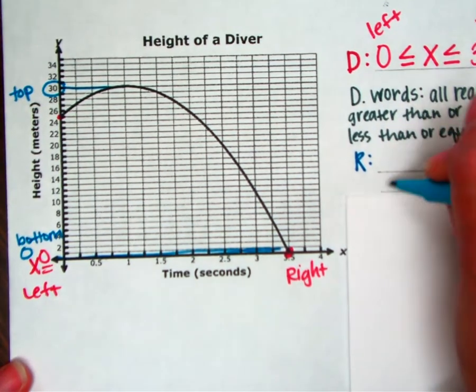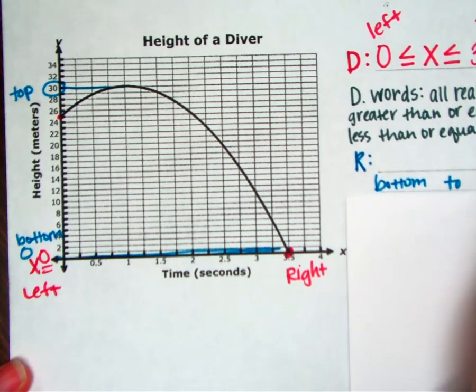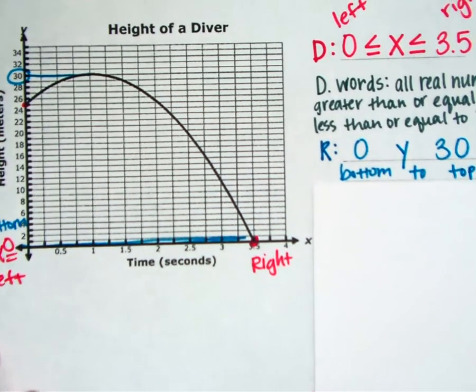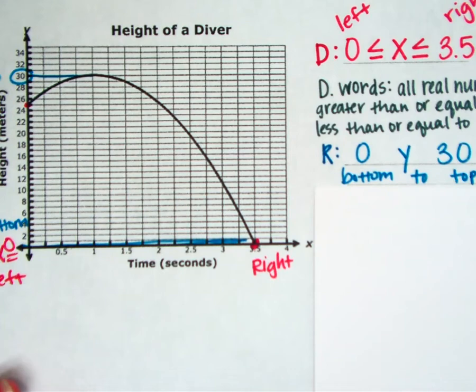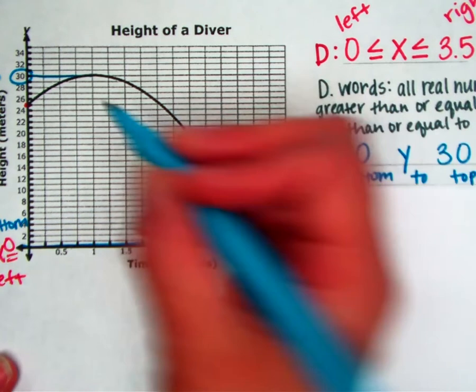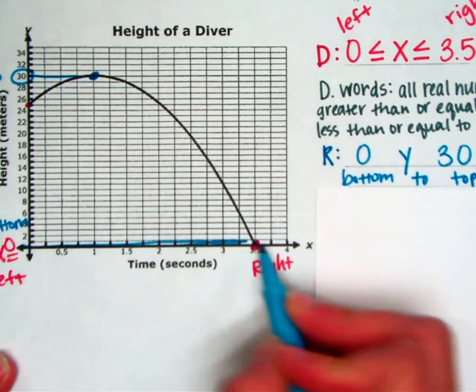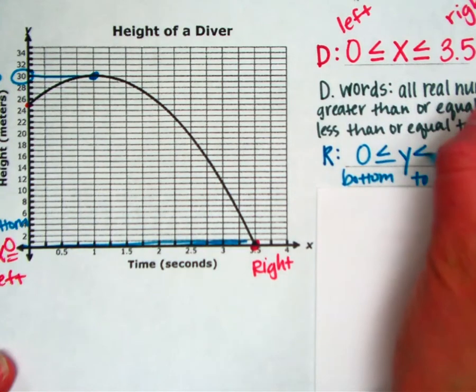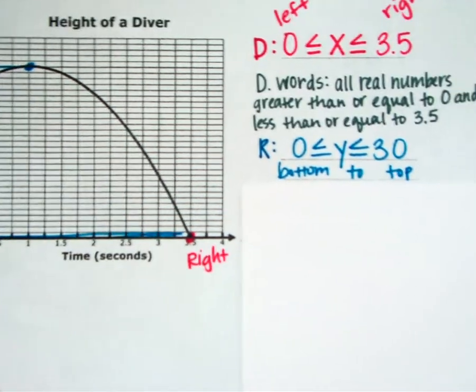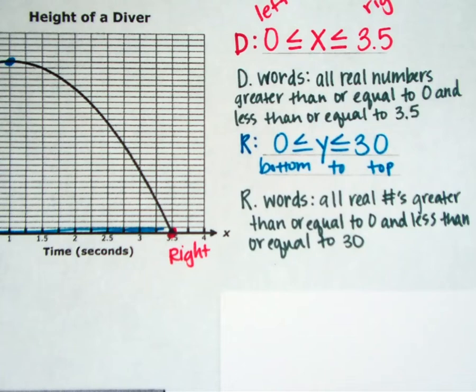So if the range is going from bottom to top, the bottom begins at 0, the top ends at 30. I'm talking about range, which are the y values which go in the middle. At both of those points, they are closed circles on the line, so they are less than or equal to symbols for both. So this in words would be all real numbers greater than or equal to 0 and less than or equal to 30.